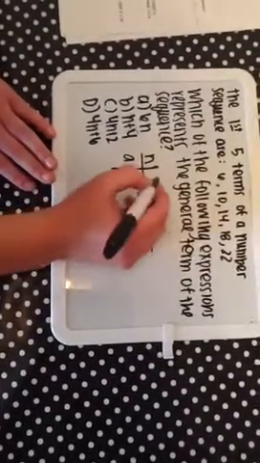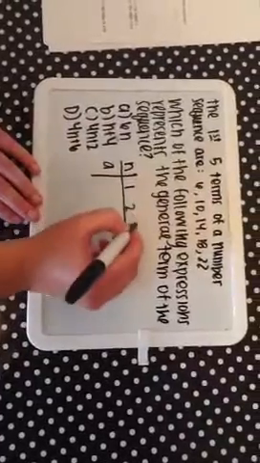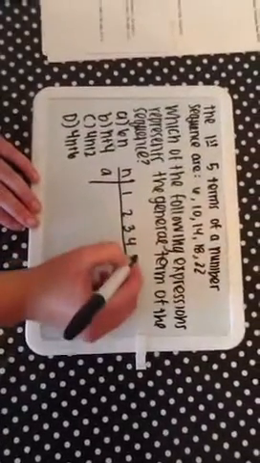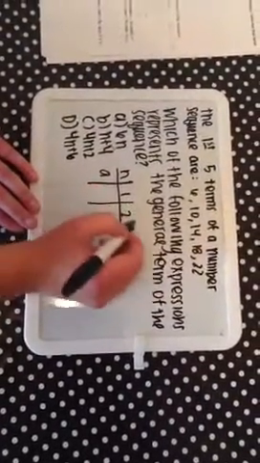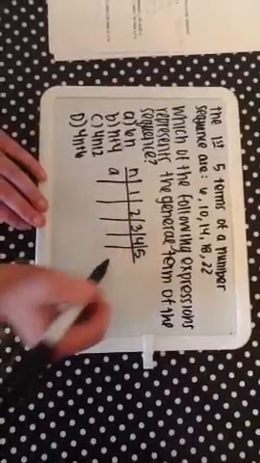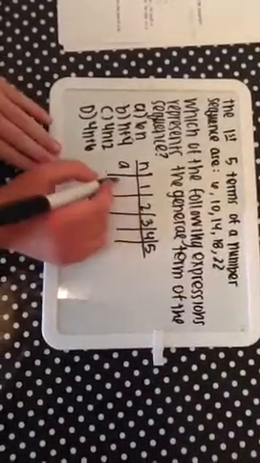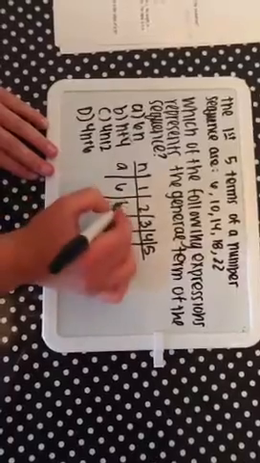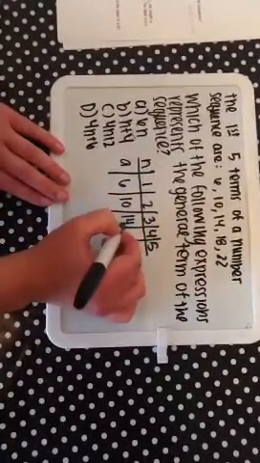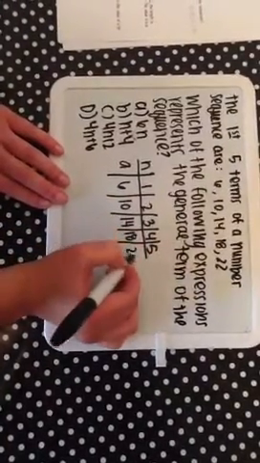So we are going to have 1, 2, 3, 4, and 5 answers. Okay, so now we have 6, 10, 14, 18, and 22.